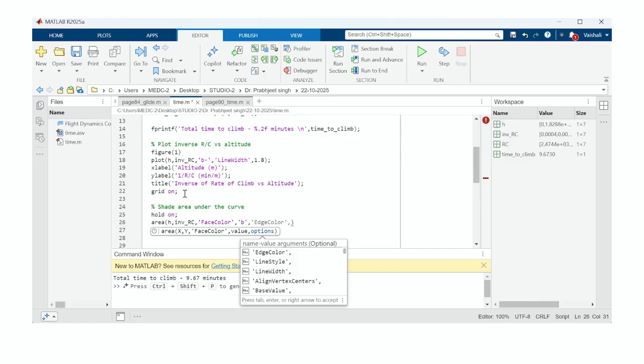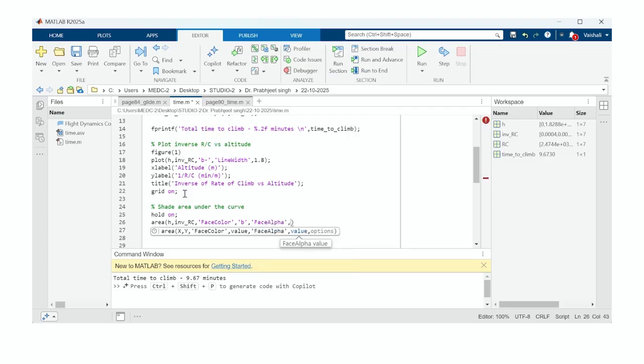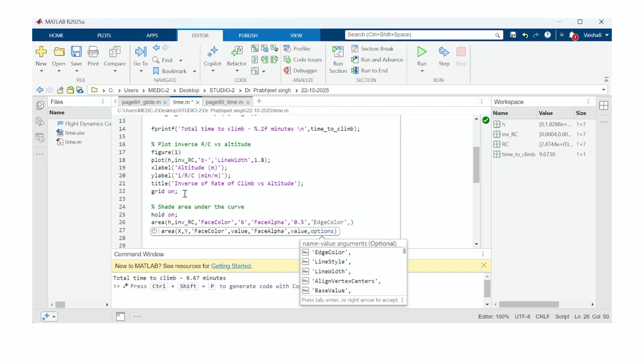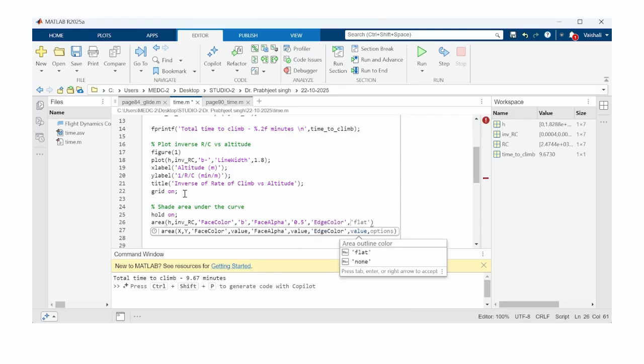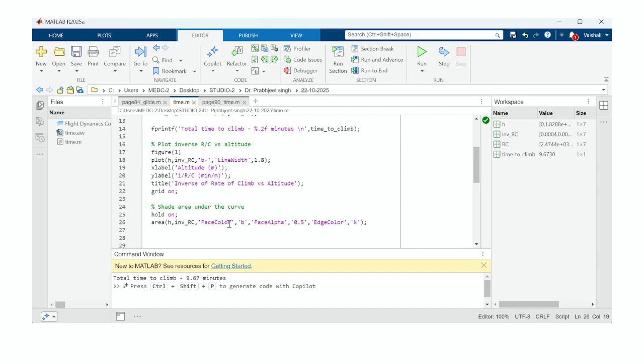I want you to explore these syntaxes. What is this face color, what is this face alpha? Face alpha I will write here 0.5 for example. Next edge color, let me put it here black, K. All right, fine. So this is the area under the curve.